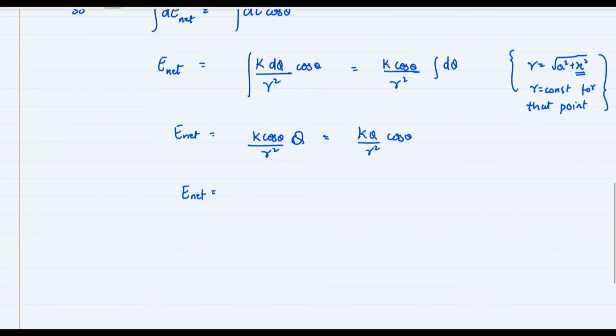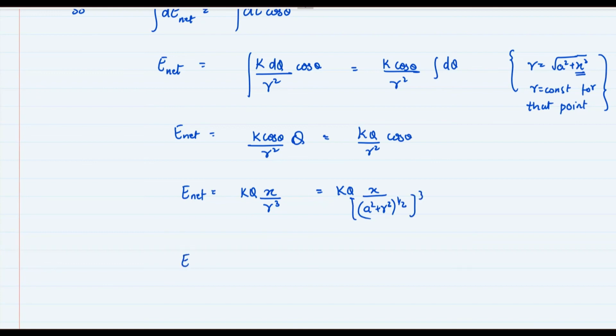So this will become kq, base is x upon r. If I write what r is, kq x upon (a square plus r square) to the power 1 by 2, and we have to cube that.